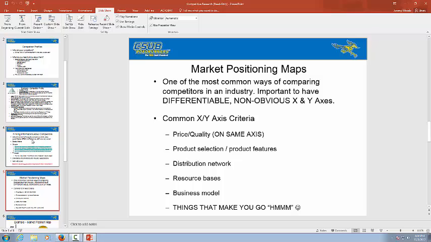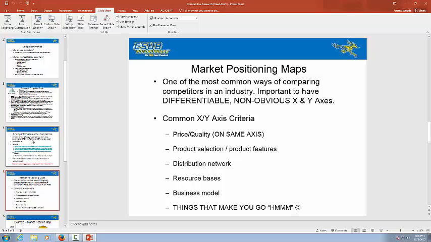Solid dates. Okay. So they might have a little bit lower price than your dates, but their delivery is slower. Okay. So that's an example of a market positioning map.